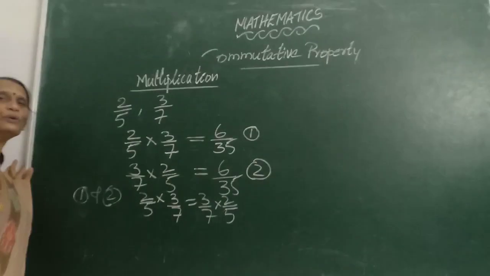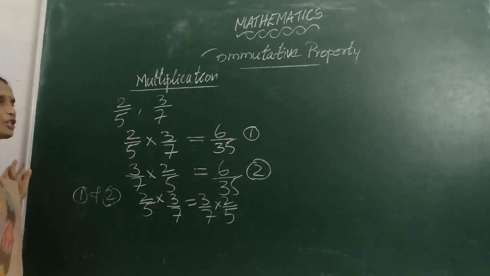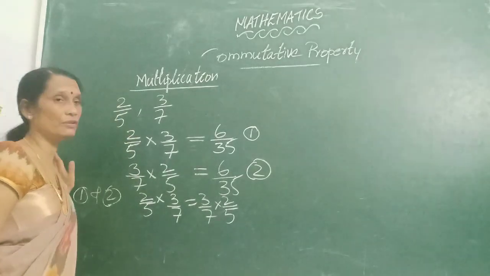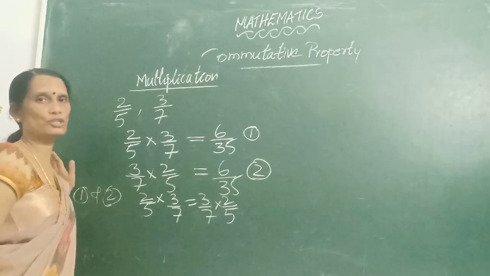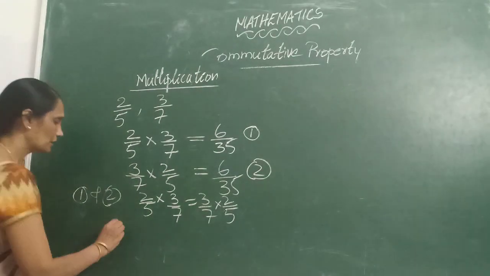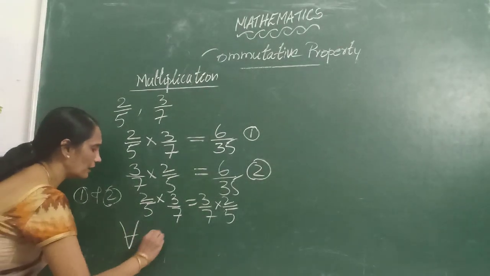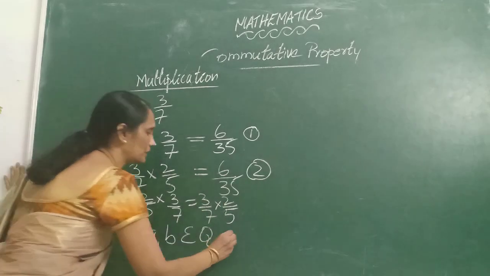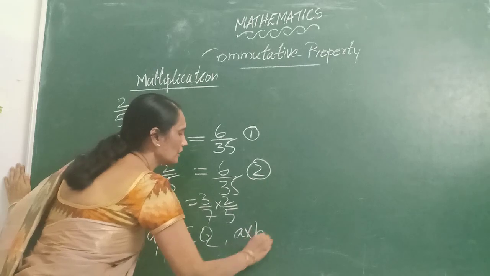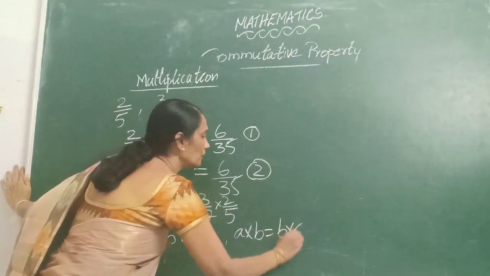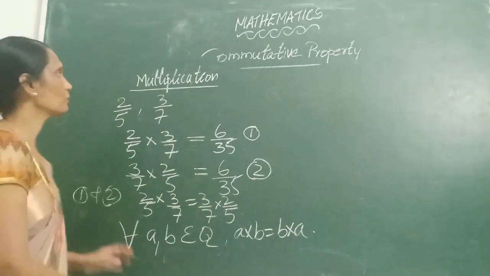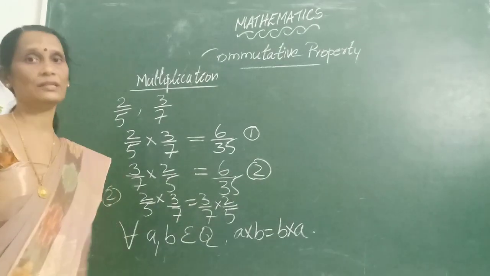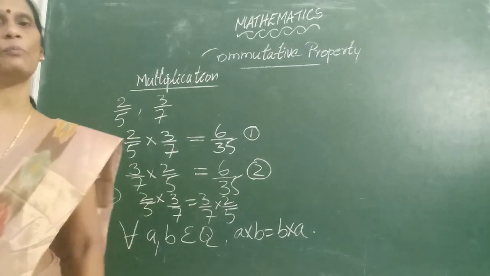Multiplication is commutative for the set of rational numbers. So from this example, we got that multiplication is commutative. That means for all A, B elements of rational numbers, A into B is equal to B into A. That means for all rational numbers, multiplication is commutative.